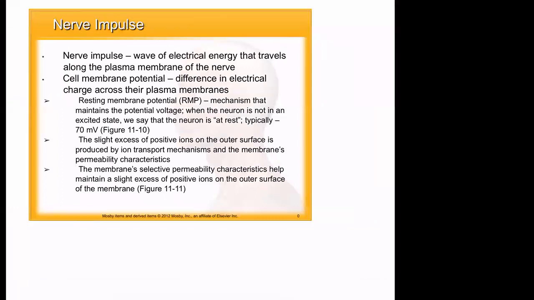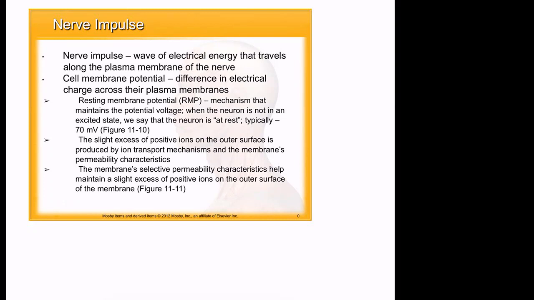The nerve impulse. This is that electrical signal that is traveling down the neuron. And remember, electrical signals are just a difference of positive and negative charges.